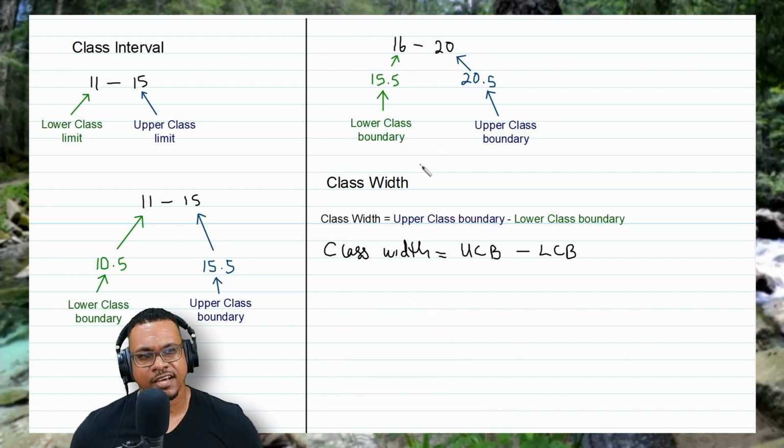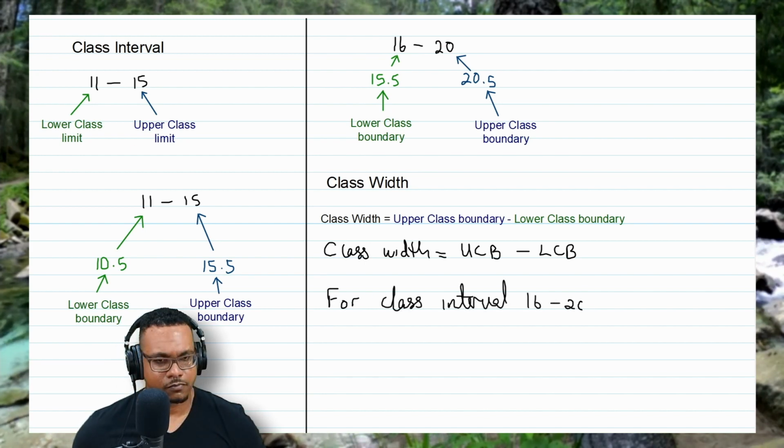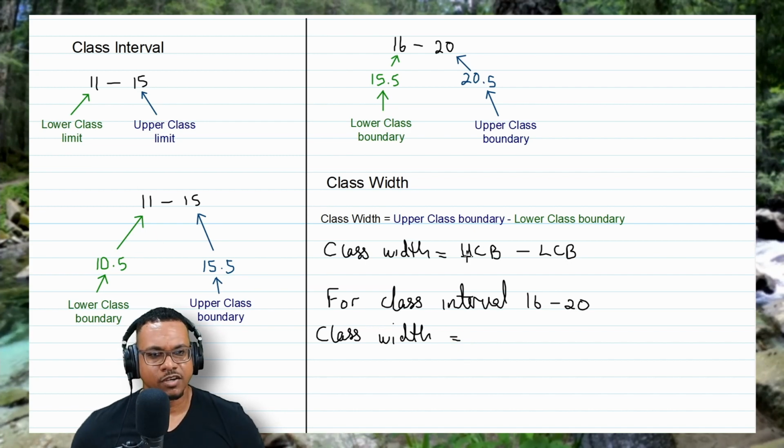So if I were to look at the class width for the class interval 16 to 20, all right, so we have for the class interval 16 to 20, the class width is equal to, we're going to have the upper class boundary, which is 20.5, take away the lower class boundary, which is 15.5.